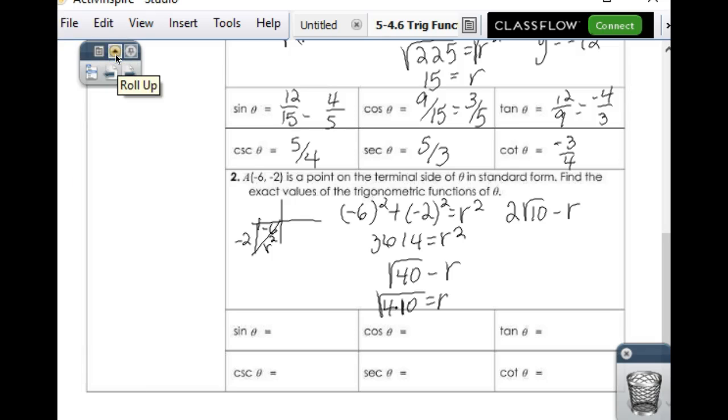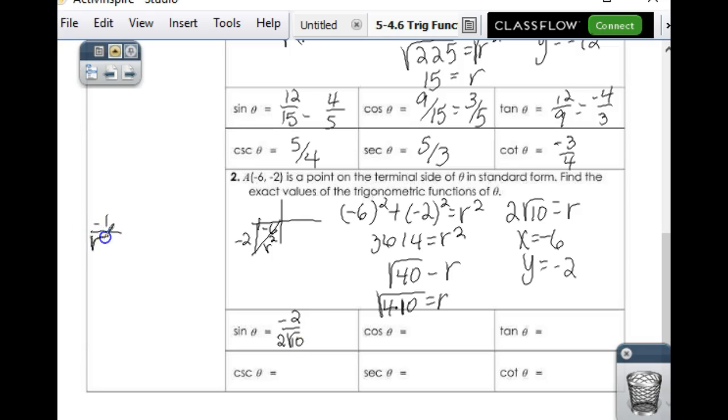So the sine of theta now. So my x is negative 6 and my y is negative 2. So the sine is y over r, which is negative 2 over 2 square root of 10. So what happens? The 2's cancel.